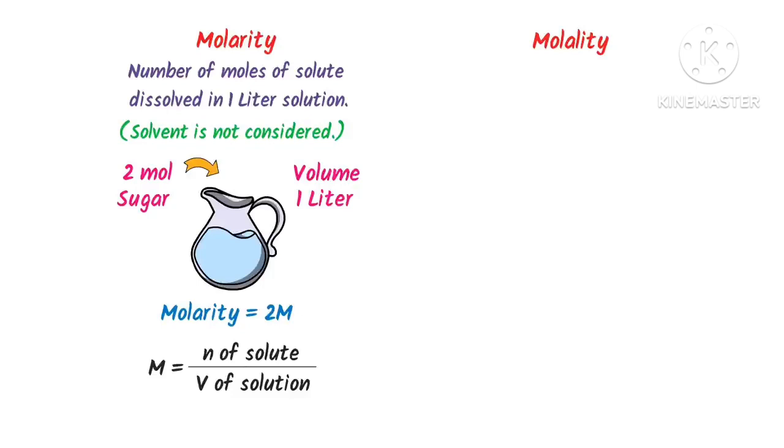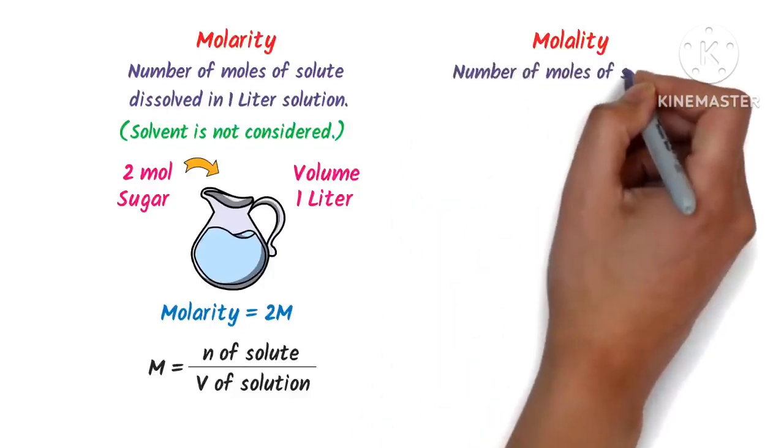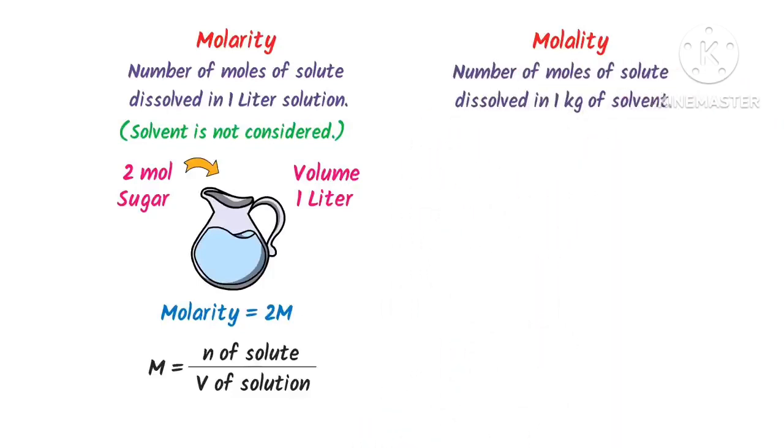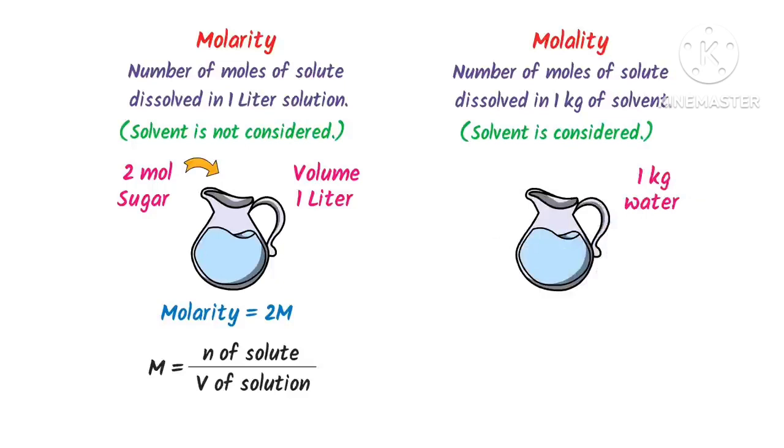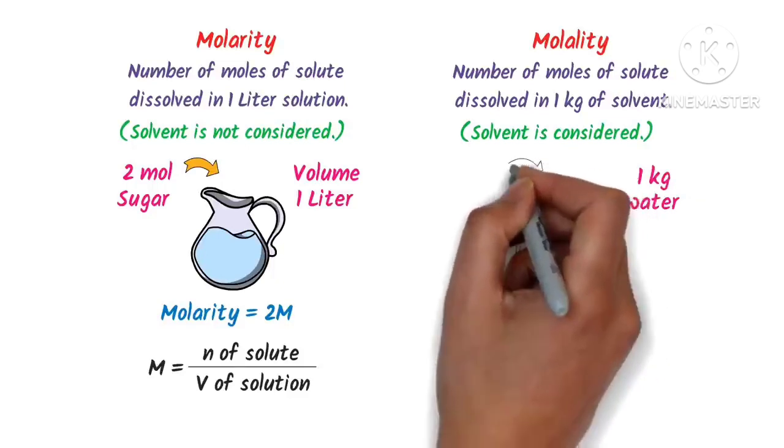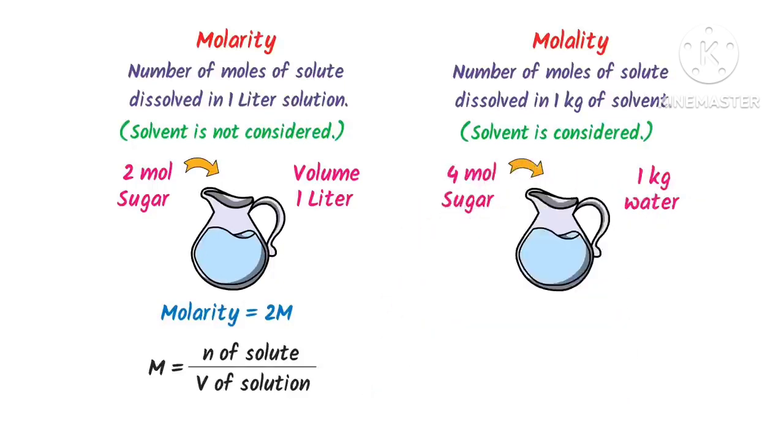On the other hand, molality is the number of moles of solute dissolved in 1 kg of solvent. Remember that we do consider the solvent in case of molality. For example, firstly, I take 1 kg of water in this object. Now let's consider that I add 4 moles of sugar to this 1 kg of water. Now we know that the solute is sugar and we have dissolved 4 moles of it.